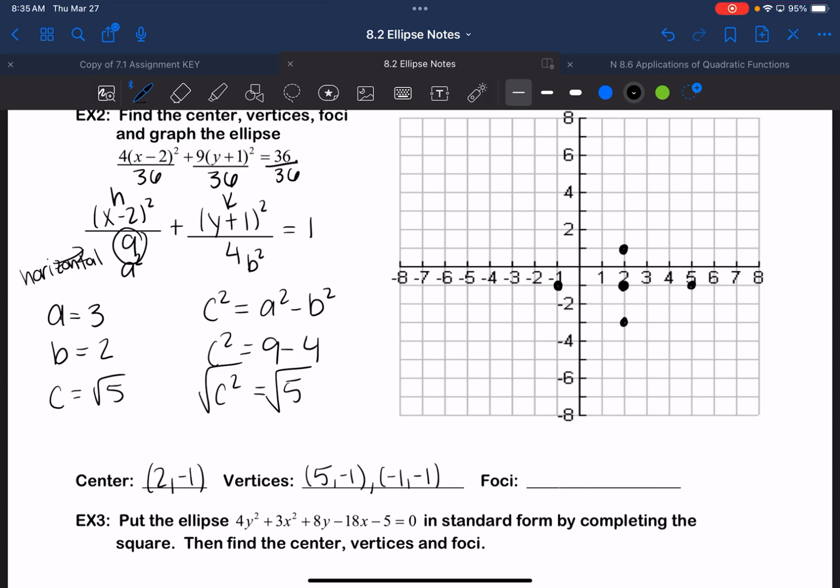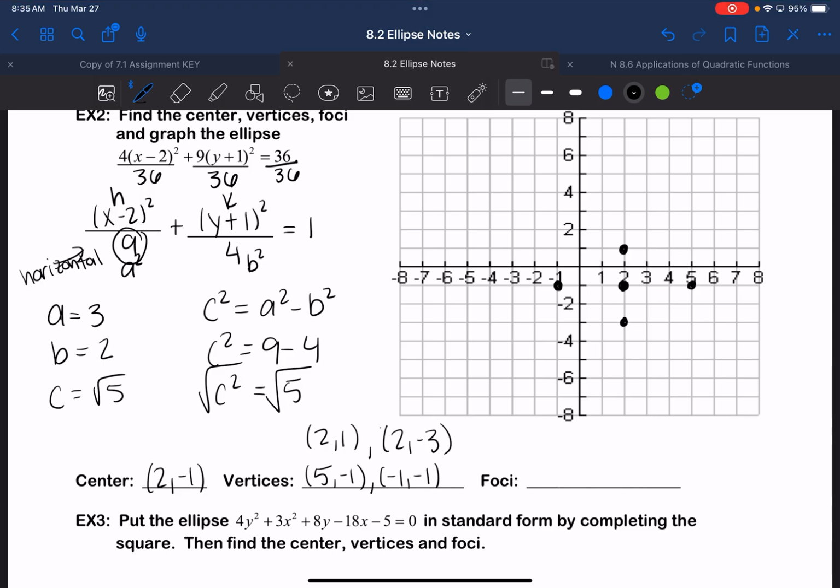Okay, yeah, so we'll be at 2, 1, and at -3. No, 2, 2, -3. Okay, so that's where all of our vertices will be found.